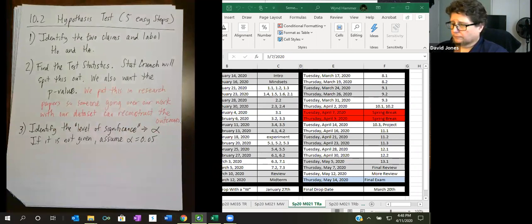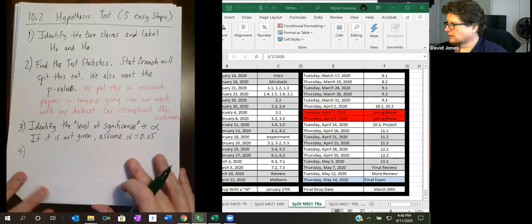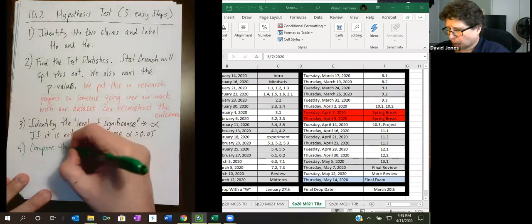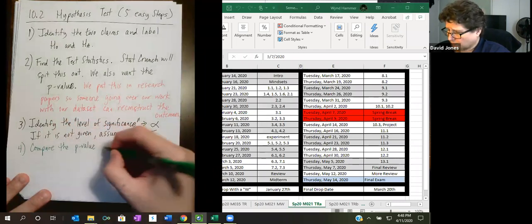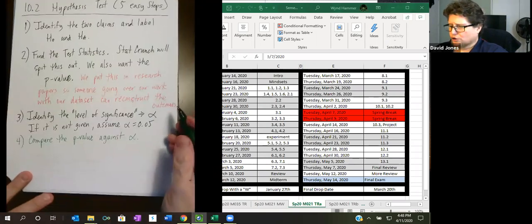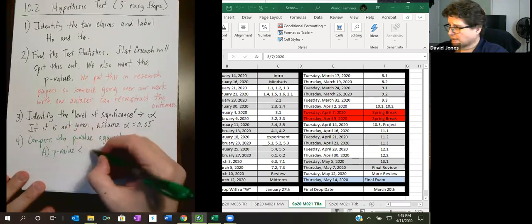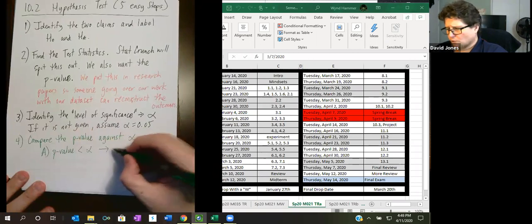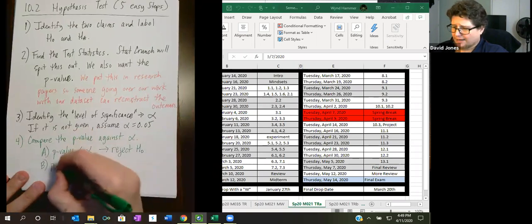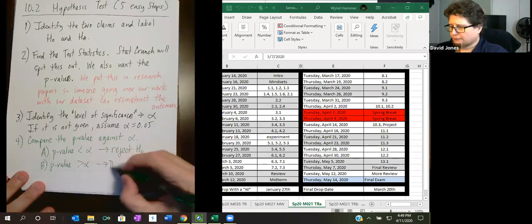Step 4. Compare the p-value with alpha. There's 2 possible scenarios. If the p-value is less than alpha, we reject H0. If the p-value is greater than alpha, we do not reject H0.